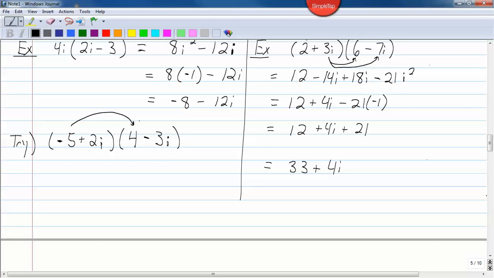So say negative 5 times 4 gives me a negative 20. Negative 5 times a negative 3i is going to give me a positive 15i. Then positive 2i times a positive 4 is a positive 8i. And a positive 2i times a negative 3i is a negative 6i squared.